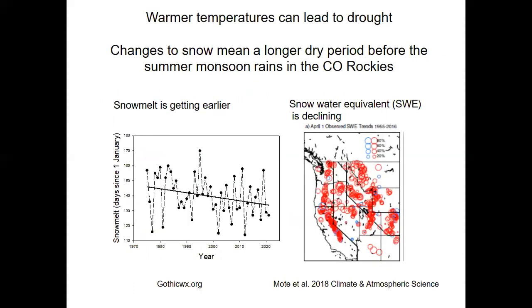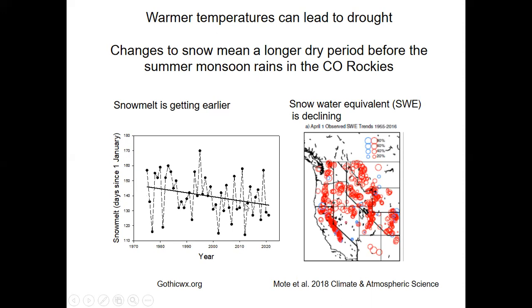So in this region, the warmer temperatures are leading to drought conditions. And one of the reasons for this is that there's a change in snowpack and thus in the day in the spring that the snow melts over time.